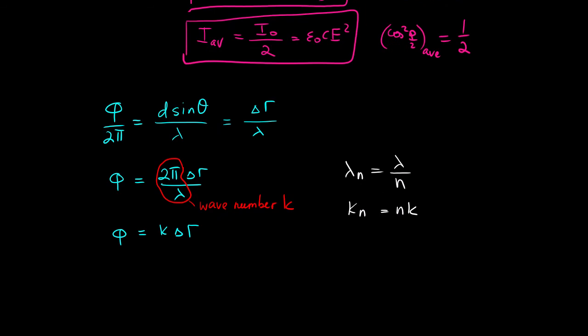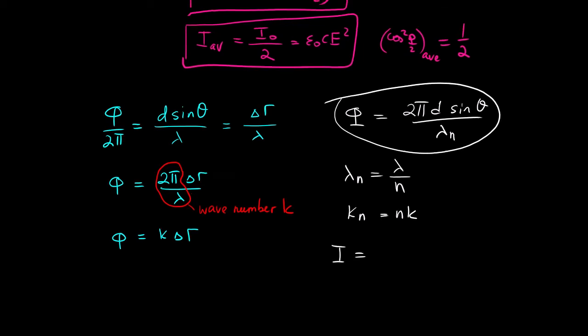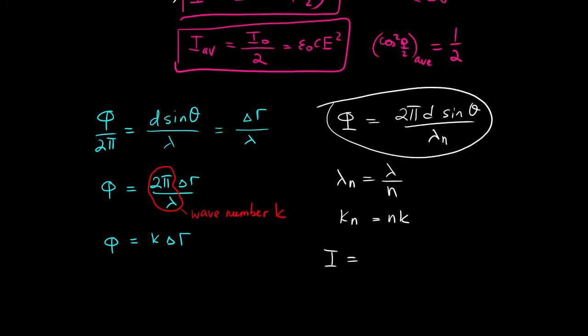Finally, substituting this expression that we found earlier, phi equals 2 pi d sine theta over lambda, into our intensity equation, and let's make sure we put lambda n for the general case. Substitute this into our expression for intensity, I equals I naught cosine squared phi over 2.